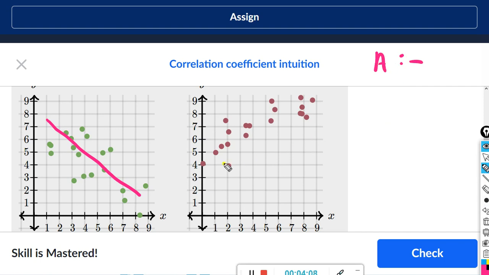A is going to be negative, and this is scatter plot B. That's going to be positive.